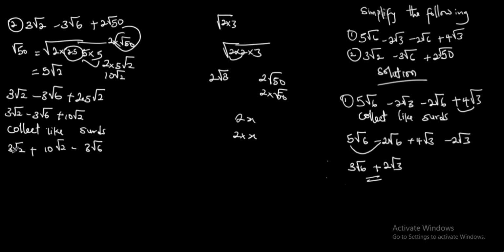Now, 3 root 2 plus 10 root 2 will just be to add their coefficients, which is 3 plus 10, and that gives us 13 root 2, then minus 3 root 6. This will be your final answer because they are now unlike terms. Root 2 and root 6 are not the same.